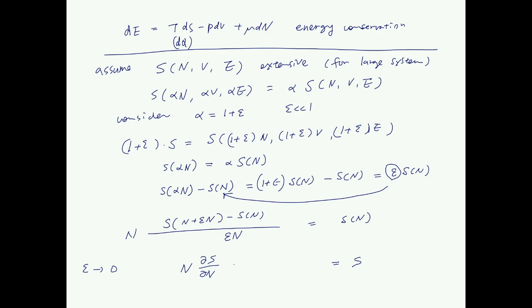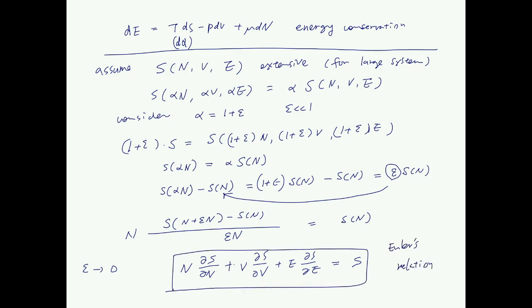If I have other independent variables, I can calculate the same thing and get this. So this is Euler's relation. Remember that this is valid only when the system is really extensive.